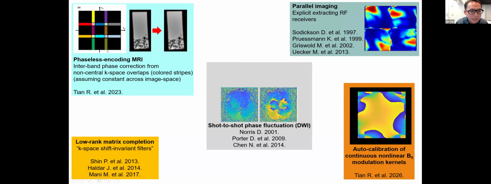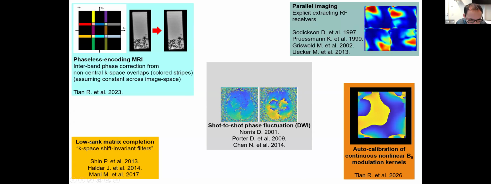But at that time, I assumed that the phase was constant across the image space. Also, in parallel imaging that explicitly extracts RF receiver information, people can very robustly calibrate these spatial encoding maps due to the RF receivers. And those are mathematically equivalent to these shot-to-shot phase fluctuation maps, but just along different dimensions.